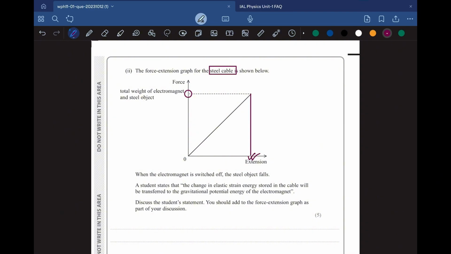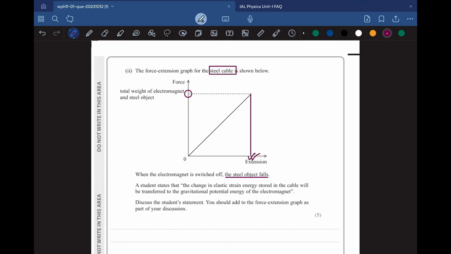Now the question says, when the electromagnet is switched off and the steel object falls, right? It is quite obvious that when it is switched off, the electromagnetic force will vanish and the object will fall. Now a student states that the change in elastic strain energy stored in the cable will be transferred to the GPE of the electromagnet.